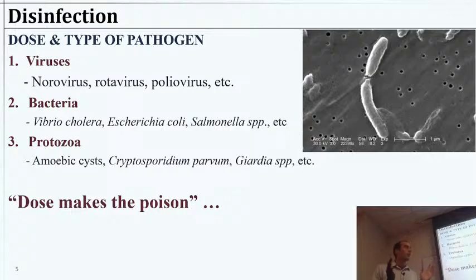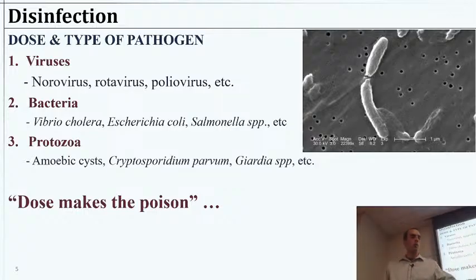Okay, so let's talk a little bit about the different pathogens that we would concern ourselves about. Those would include, on a broad basis, viruses, bacteria, and protozoa. Some examples would be like norovirus, rotavirus, polio, and these are all food or waterborne diseases, typically.